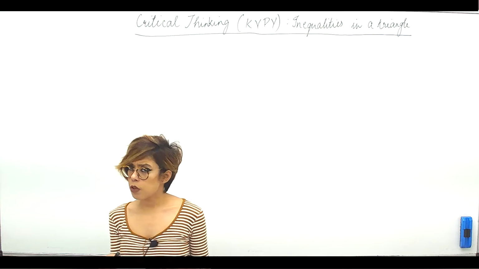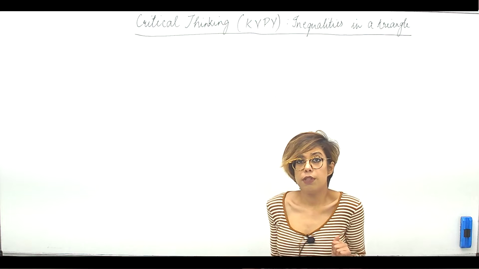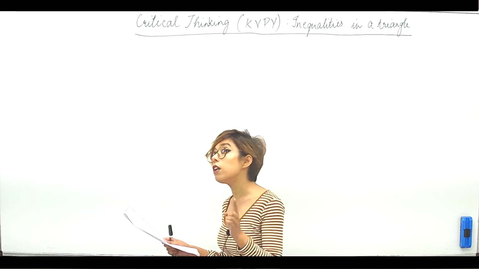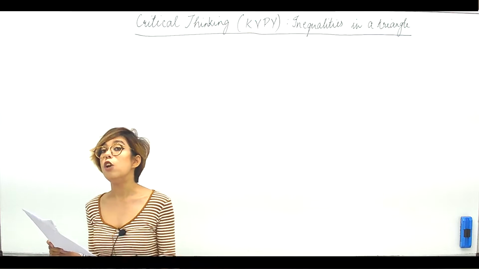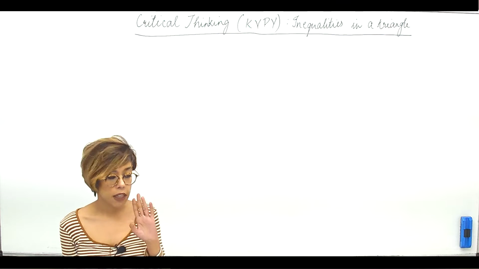Right? I'm sure we must have heard about this inequality, right? So now just prove it. I'll repeat. If two sides of a triangle are unequal, then prove that the longer side has a greater angle opposite to it. Right? Okay.